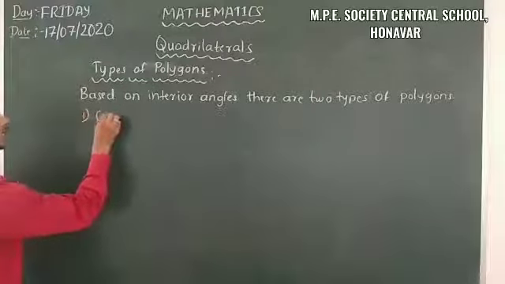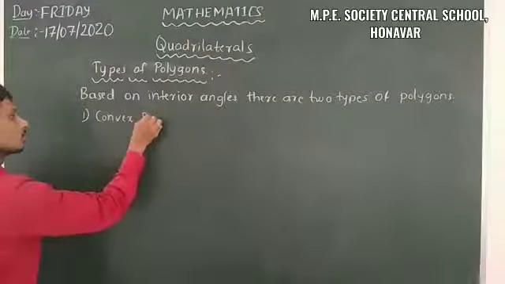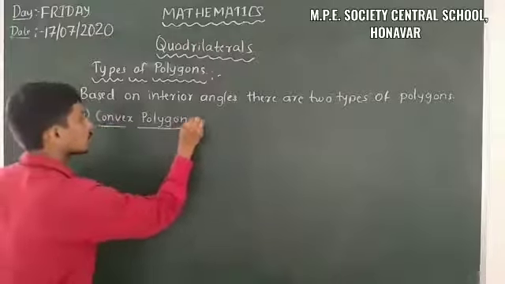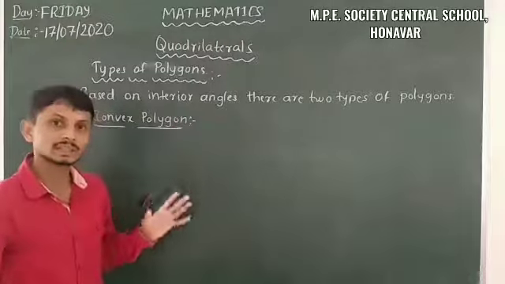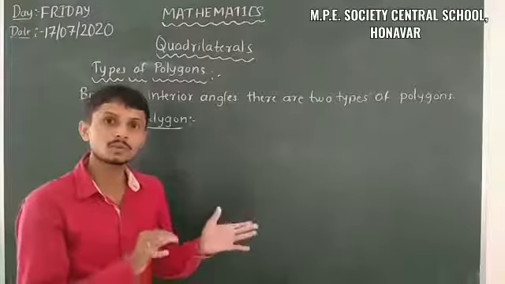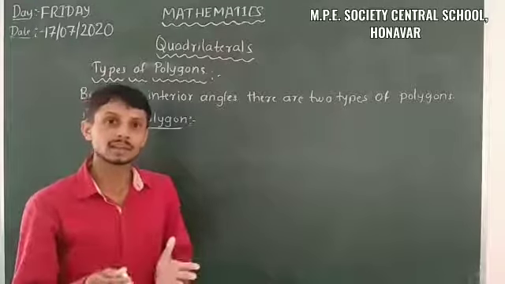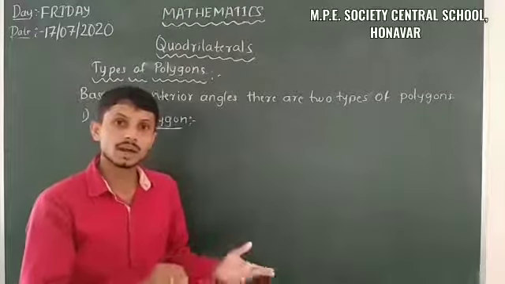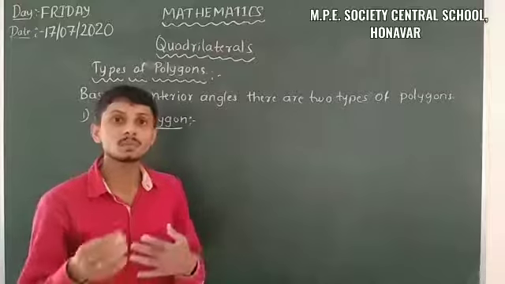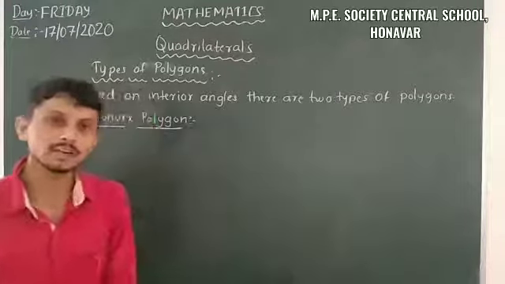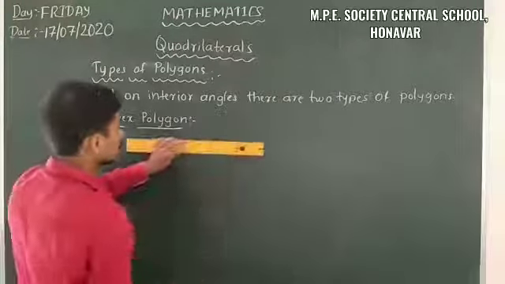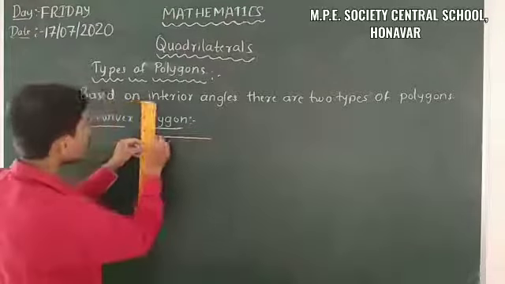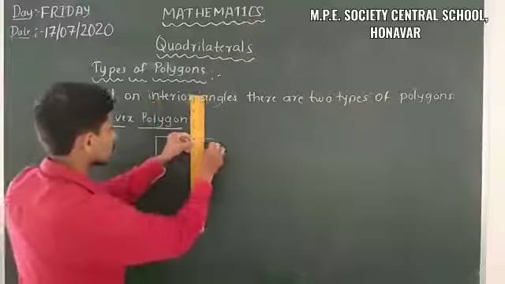A convex polygon is a polygon with no angles pointing inwards, or no angle more than 180 degrees. Firstly I have to draw a figure here, and after drawing the figure you will understand what a convex polygon is.